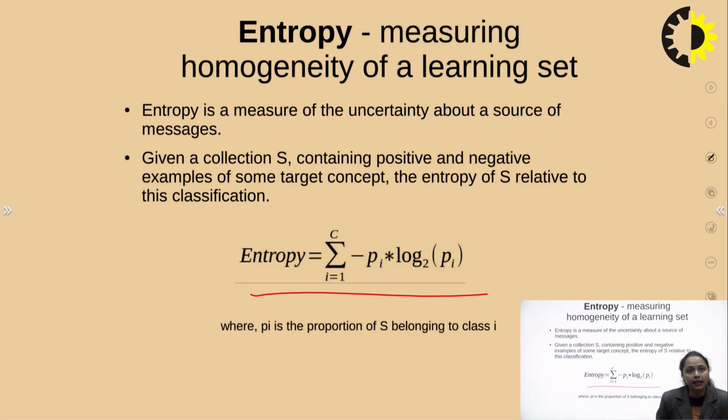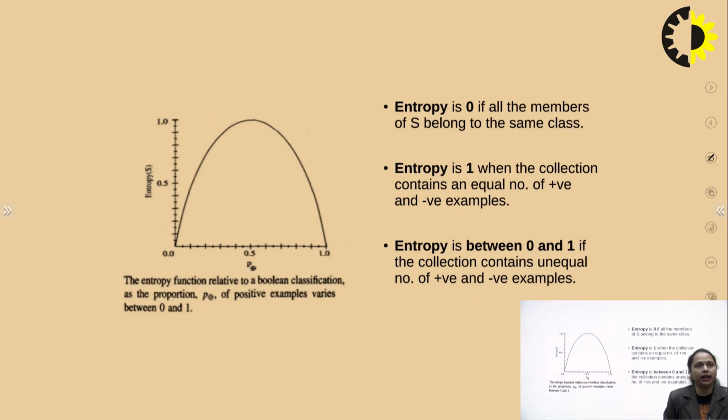S is the total set of data, and P is a certain set of data which is impure or present within the data set, and we are calculating the value. So this is the formula used for calculating the entropy.